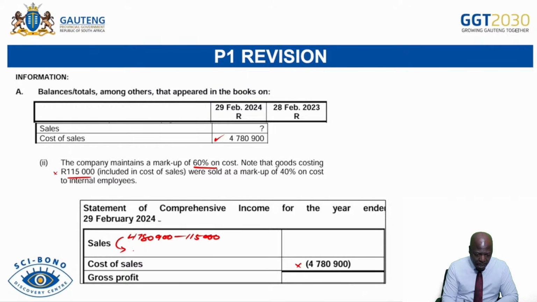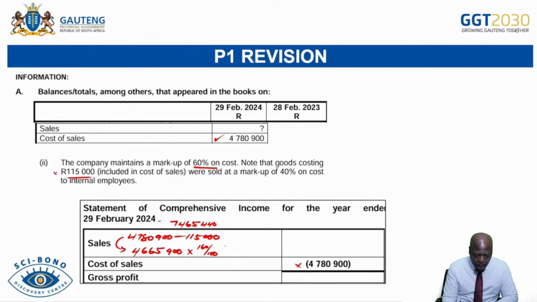So the difference between those amounts is going to be 4,665,900. And then we know that these are the goods that are being sold at 160 over 100. If you punch that in your calculator, you're going to end up with 7,465,440. You would have done this part here.